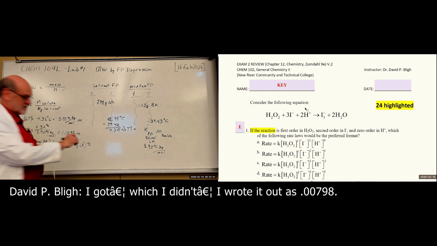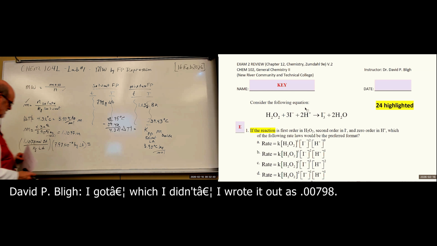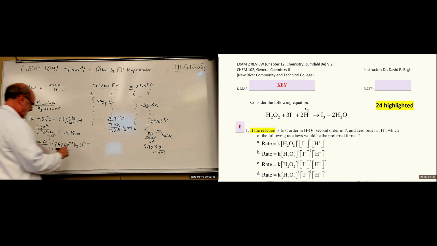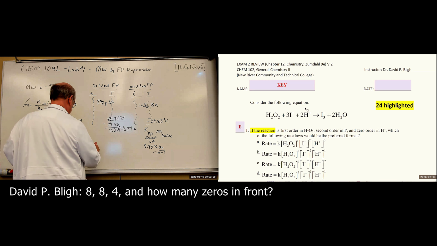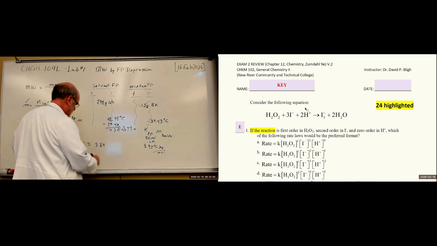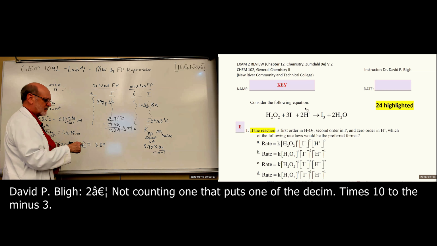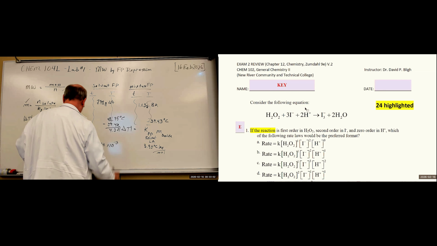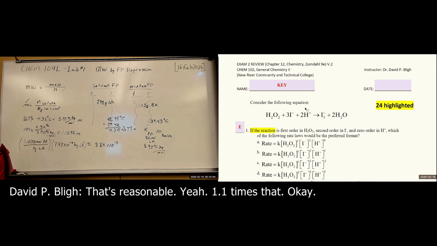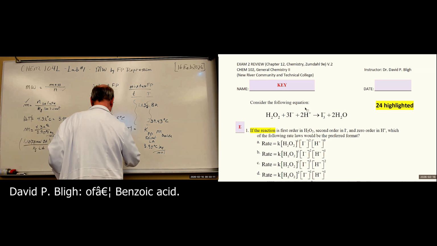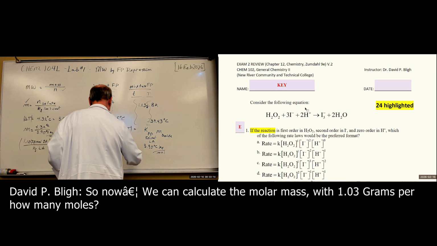I got 0.00884. Sound right? 884, and how many zeros in front? Two, not counting the one before the decimal, times 10 to the minus 3. That's reasonable. And this is moles of benzoic acid.